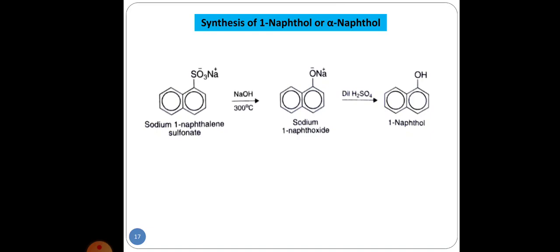When sodium 1-naphthalene sulfonate is fused with sodium hydroxide at 300 degrees centigrade, it gives sodium 1-naphthoxide. Treatment of this with dilute sulfuric acid yields 1-naphthol. Here is the same reaction.